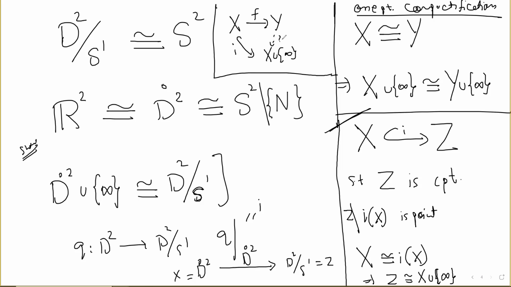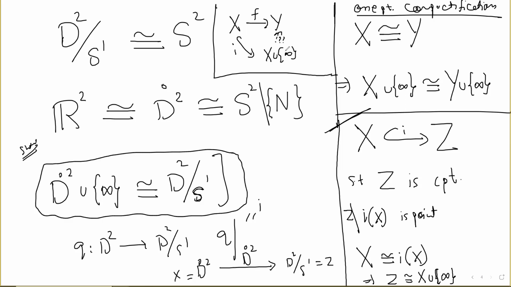The question is, when can you extend a continuous function from the one point compactification? While proving this, you will be encountering that. If you can isolate the condition, it will be nice. Maybe I will not say it right now. You can think about it.